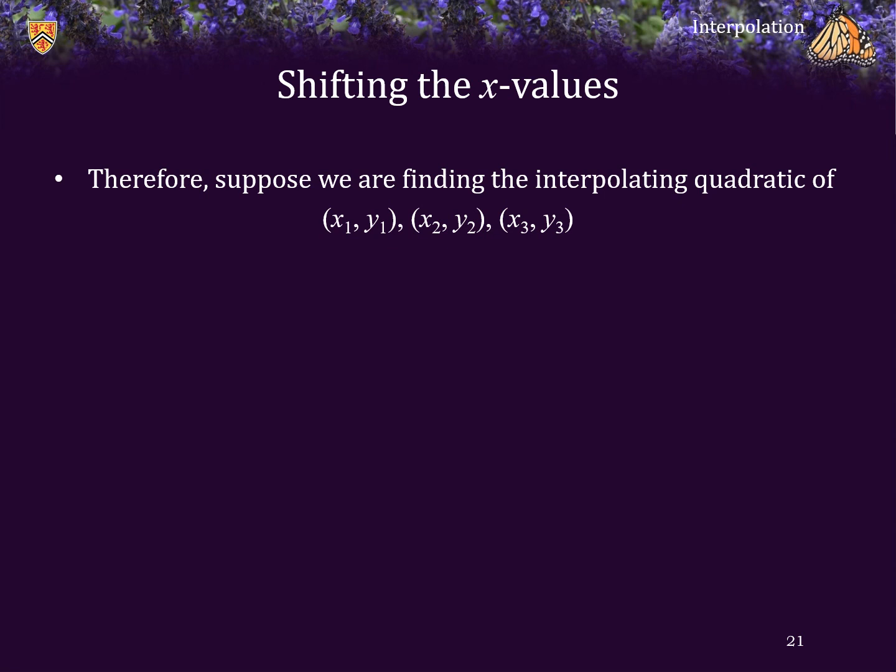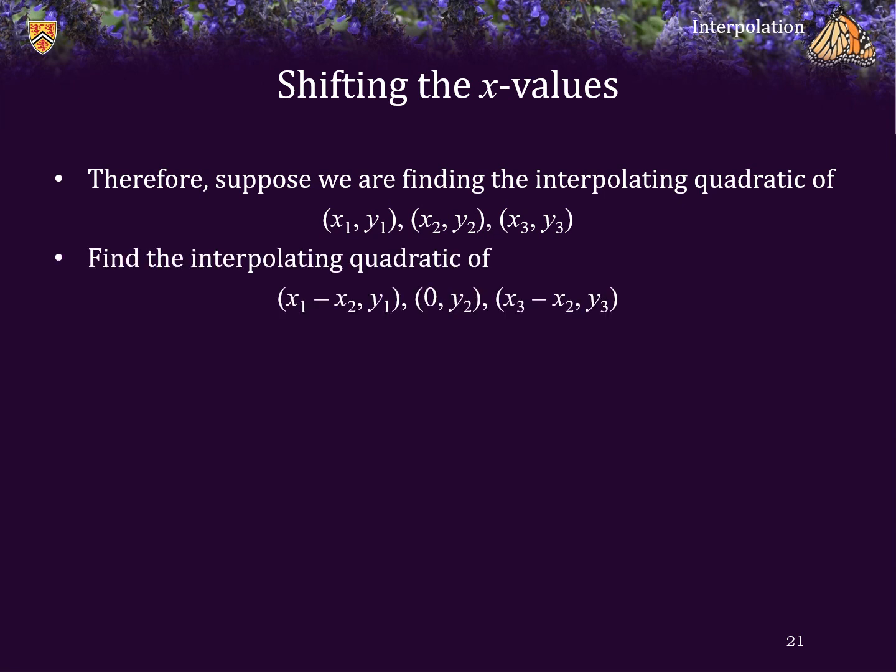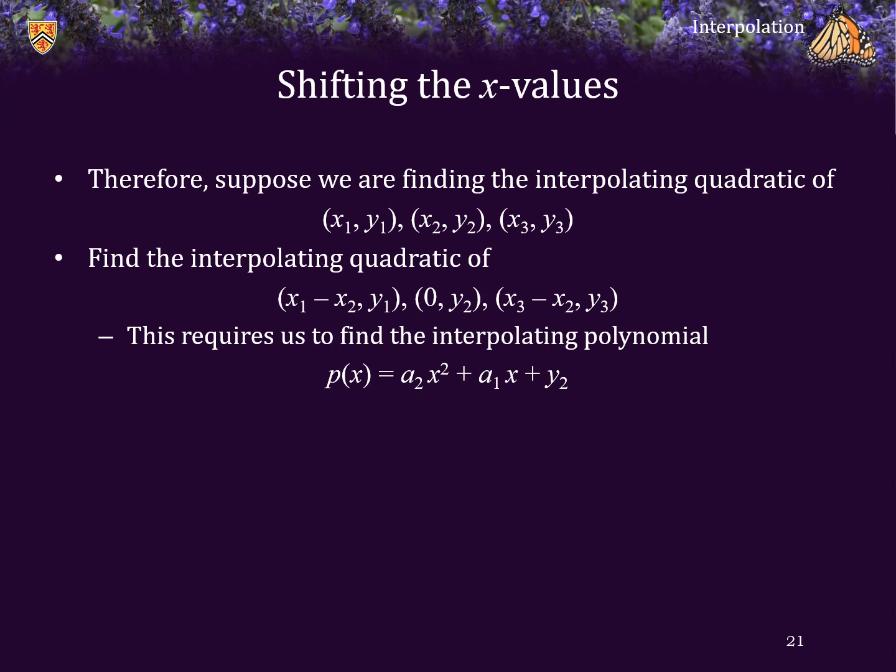Suppose we want to find the interpolating quadratic polynomial that passes through these 3 points. The x values are unique and in order. Instead, we will find the interpolating polynomial that passes through these 3 points. This requires us to find this particular quadratic polynomial.